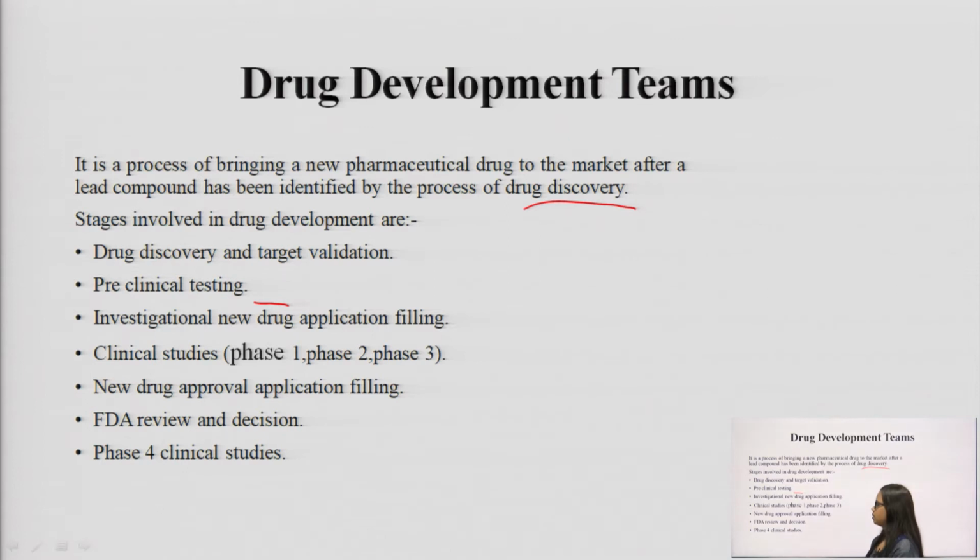Next is investigational new drug application filing. Next, clinical studies, which include phase 1, phase 2 and phase 3. Then new drug approval application filing. This is also known as IND, and this is known as NDA.